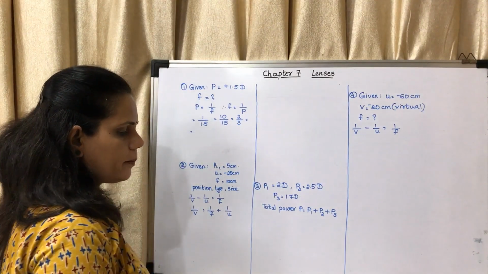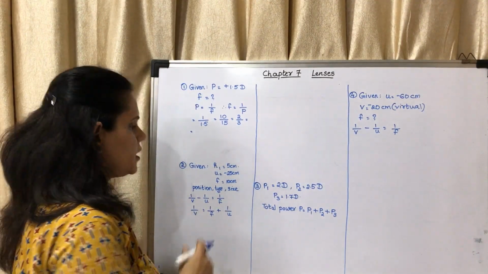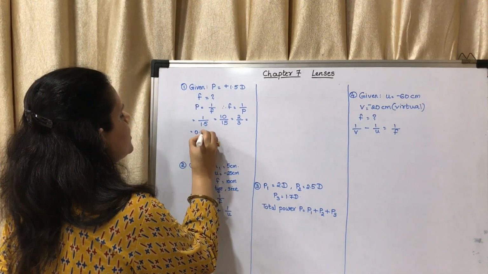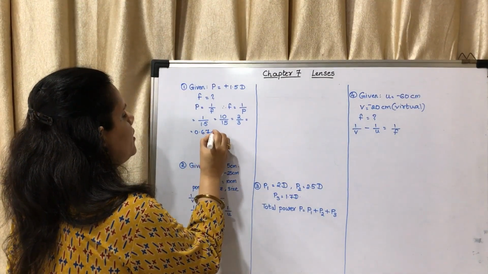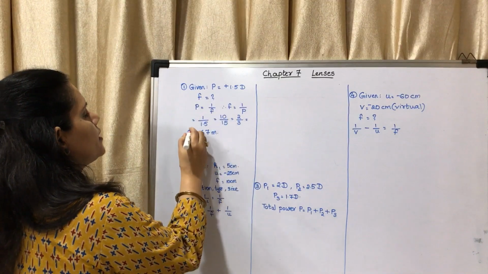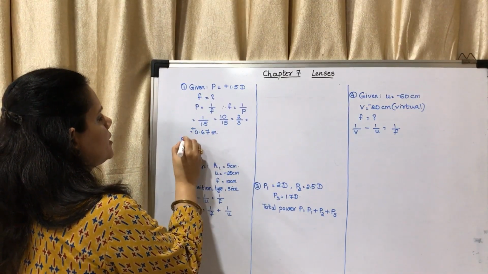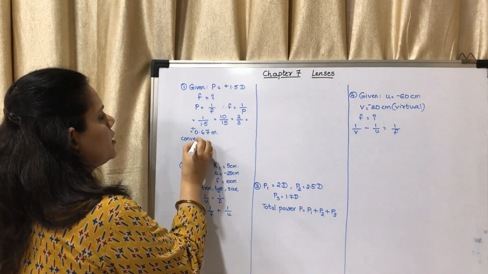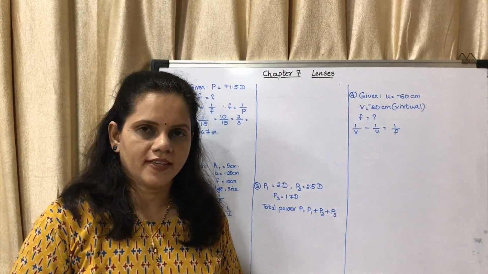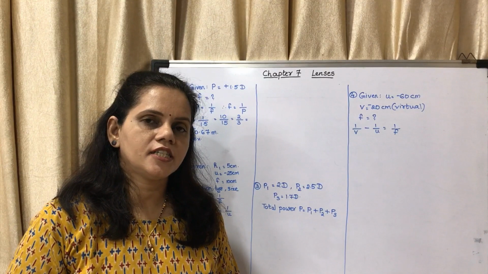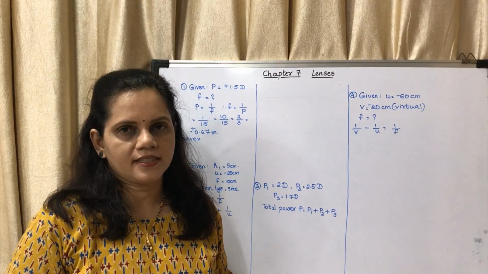That 2 upon 3 you will get as 0.66, which they have taken as 0.67 meter. The symbol is plus, which means it is a convex lens. And in which defect is it used? It is used in farsightedness.